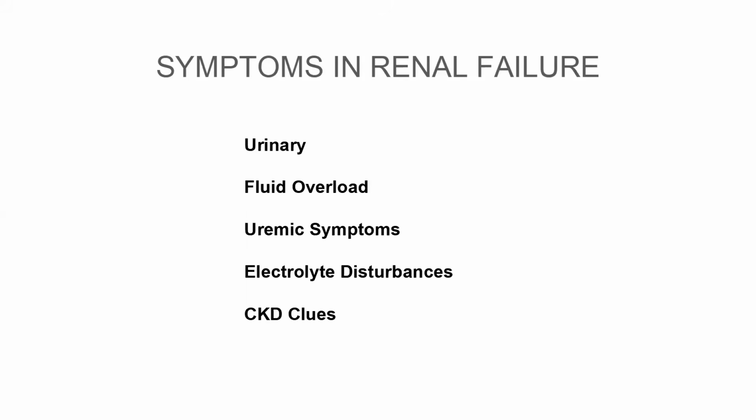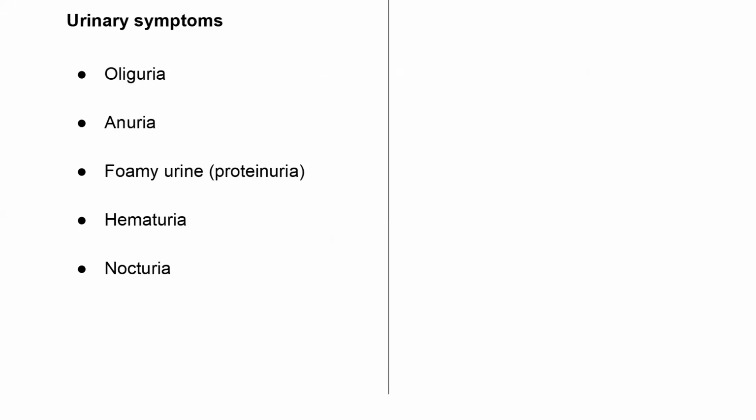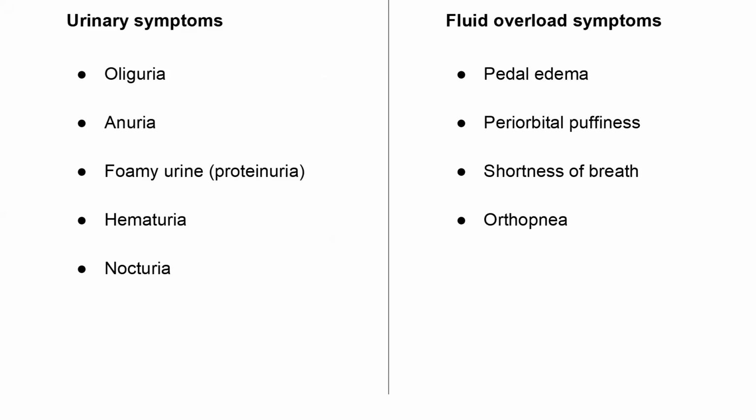Symptoms in renal failure could be divided into urinary symptoms, fluid overload, uremic symptoms, electrolyte disturbances, and the clues. Urinary symptoms are oliguria, anuria, foamy urine, hematuria, nocturia. Fluid overload symptoms such as pedal edema, periorbital puffiness, shortness of breath, orthopnea.